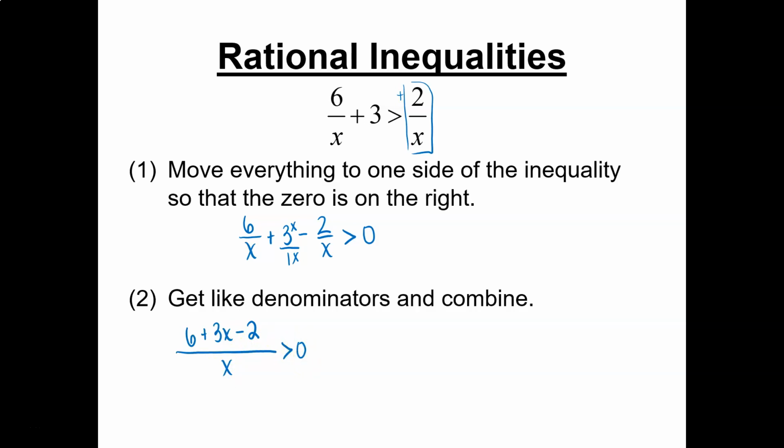Do not drop your denominator, just like with the ones we were doing yesterday. You have to keep it there. If that was an equal sign, once we get the common denominator, we could drop the denominator, but this is not an equal sign. So if we combine like terms there, we've got 3x plus 4 over x is greater than 0.